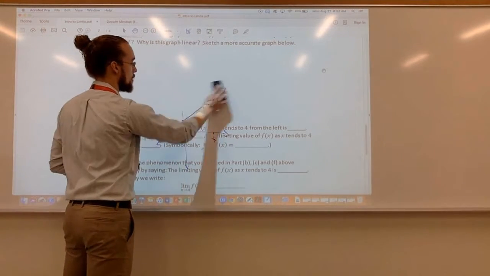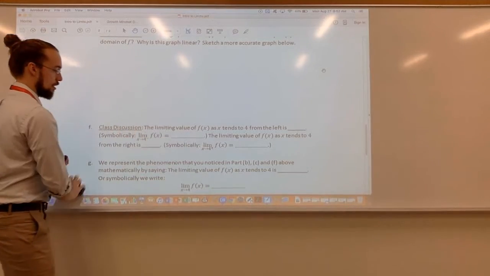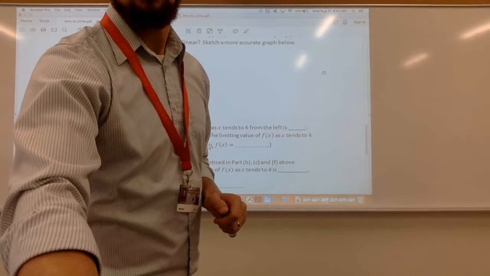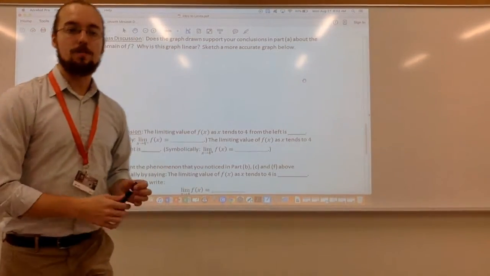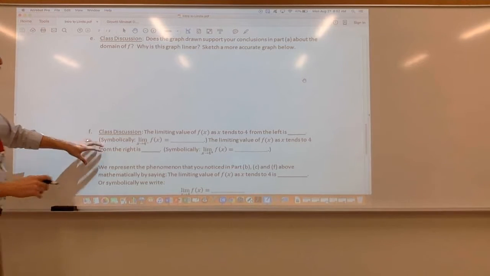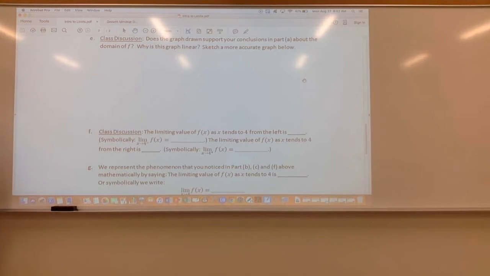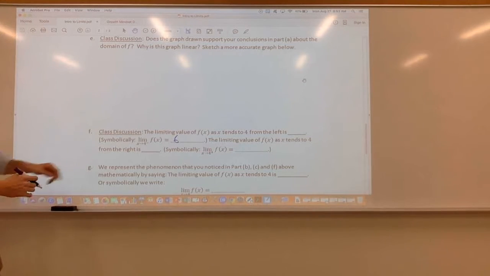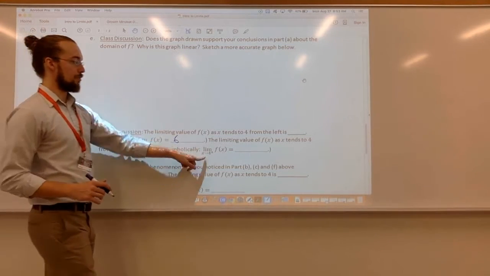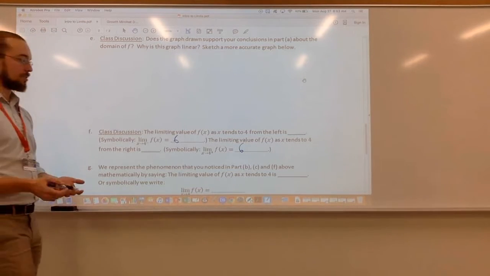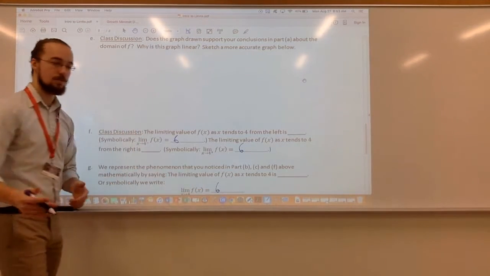We talked about really all the answers here on the back. And we talked about why the graph's linear here. We know the symbolic form, right? So down here, the limit as x approaches 4 from the left is 6. The limit as x approaches 4 from the right is 6. Therefore, the two-sided limit exists and is 6.